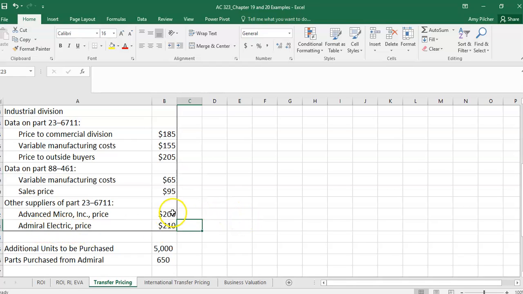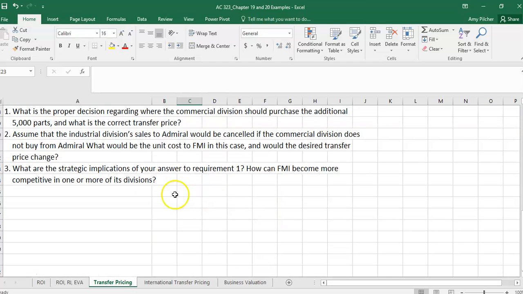Well, the best option for the commercial department is to pay $200 to Advanced Micro, outsource the entire production, and not get any more from industrial. However, if we do that, then Admiral has said that they're no longer going to be our customer.